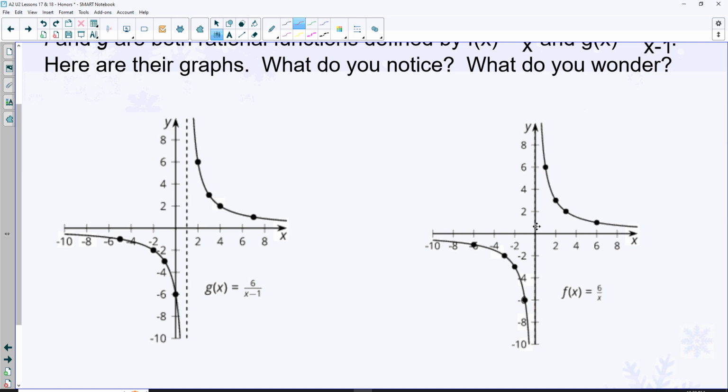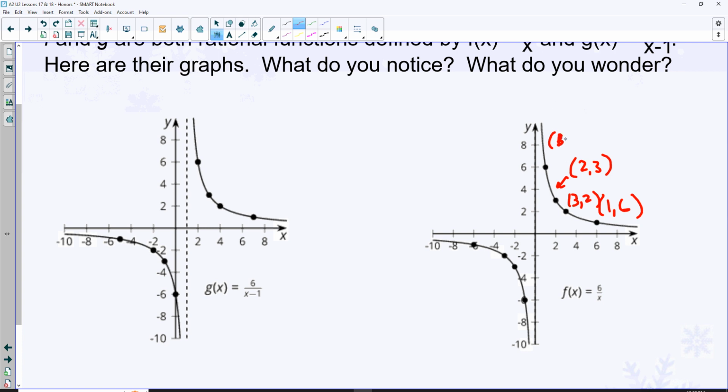6 divided by 6 is 1. 6 divided by 3 is 2. So this is the point 1 comma 6. This is the point 3 comma 2. This is the point 2 comma 3 because 6 divided by 2 is 3. Oops, I messed it up.